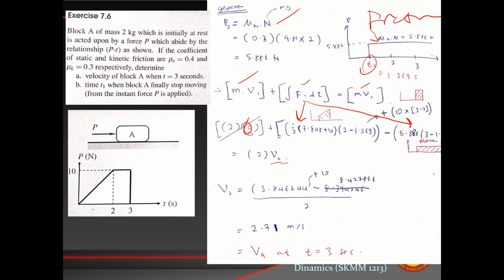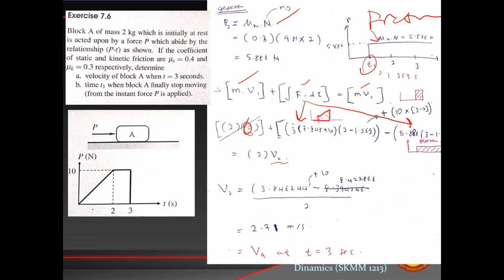So we have this integral of F dt, because we use it from when it starts moving until the end of the graph, since the question wants you to calculate up to 3 seconds.